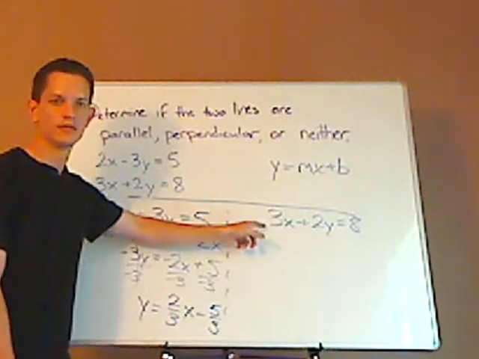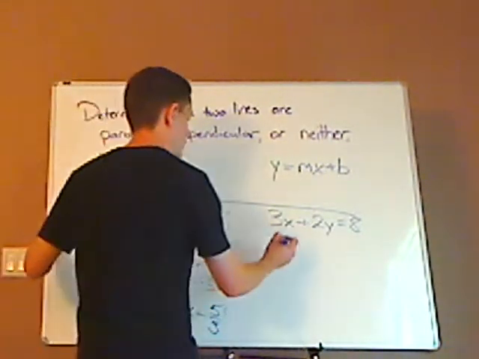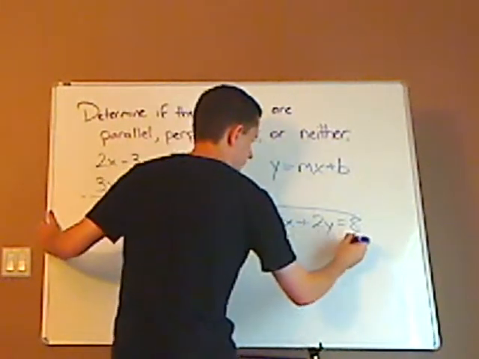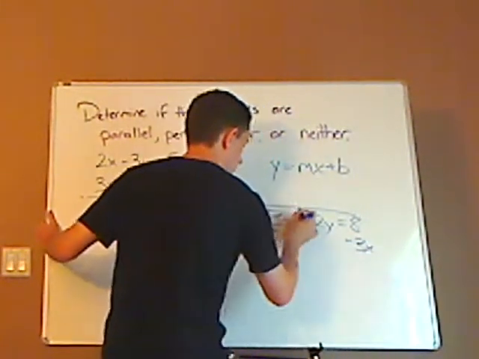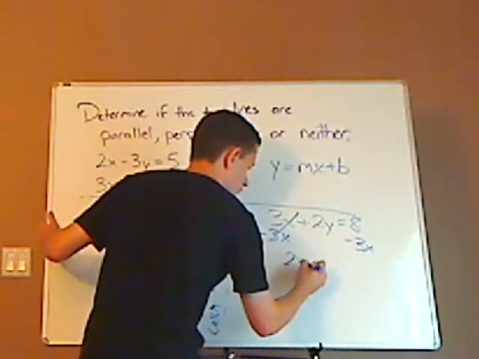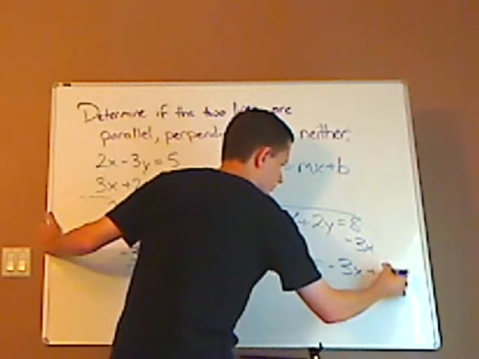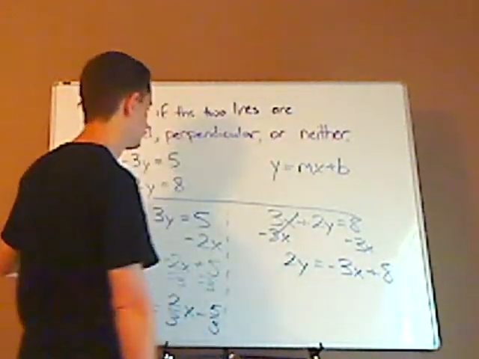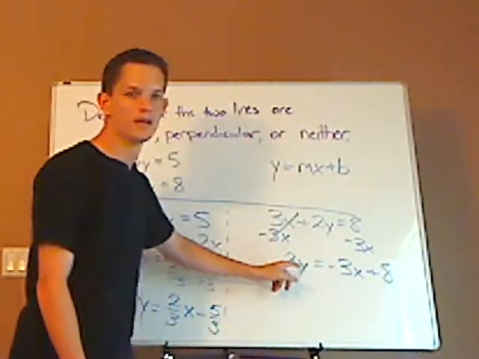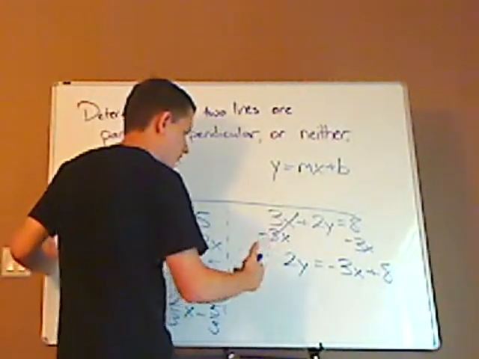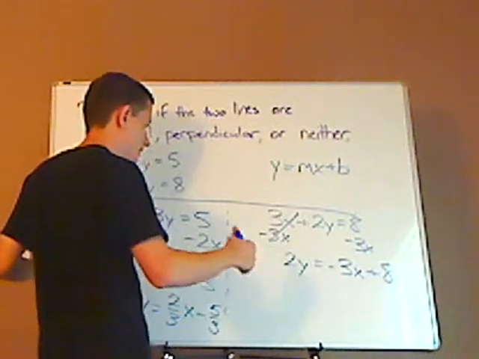Now let me do the same thing over here. So I'm going to subtract 3x from both sides. That cancels. That leaves me with 2y equals negative 3x plus 8. Now here it's 2 times y. Whenever a number is right next to a variable, it implies multiplication.